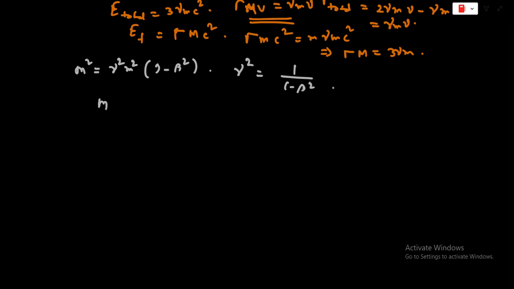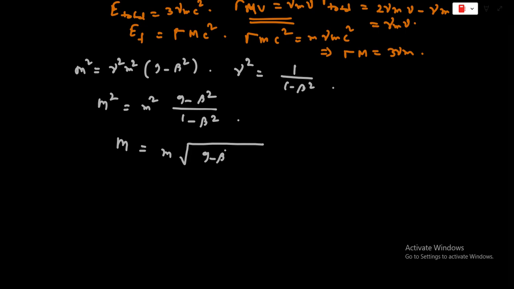So capital M square will be small m square into 9 minus beta square by 1 minus beta square. Now take the square root. So capital M will be m into root over of 9 minus beta square by 1 minus beta square.